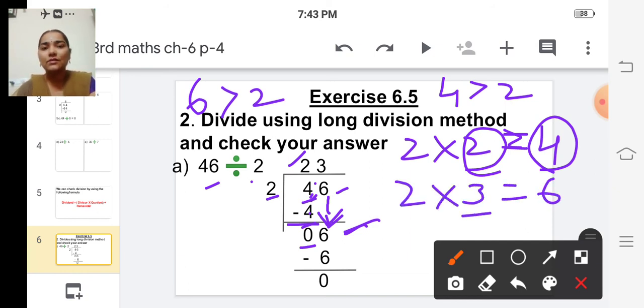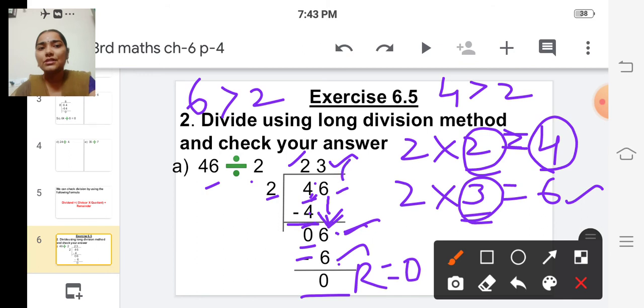So you have to write this 3 on the top in the quotient place. And you have to write this 6 below the dividend and subtract. So 6 minus 6 is 0. So the remainder is 0 here, and the quotient is 23.